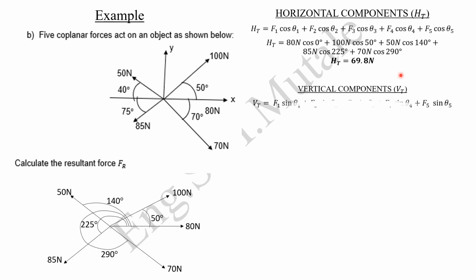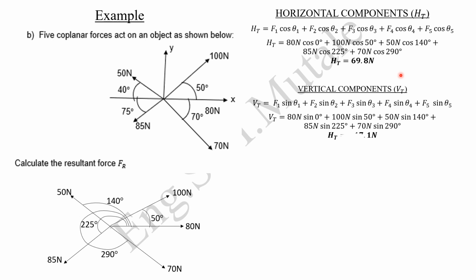The total vertical component is the same, we're just using sine. When you put it in a calculator, we are getting negative 17.1 newtons. And then for us to find the resultant force, it's basically you square those, add them, and then take the square root. We are getting 71.9 newtons.